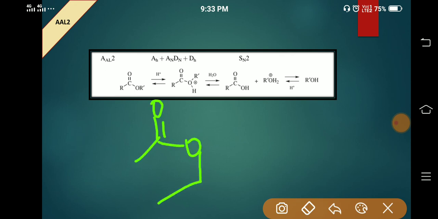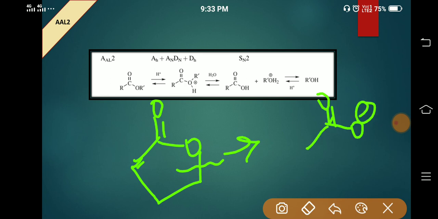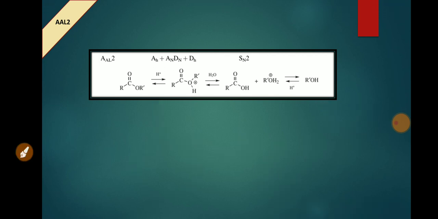As it is an alkyl cleavage, the bond cleavage at the alkyl carbon will take place to generate O minus, at the alpha, beta, gamma positions. This type of mechanism can be carried out.